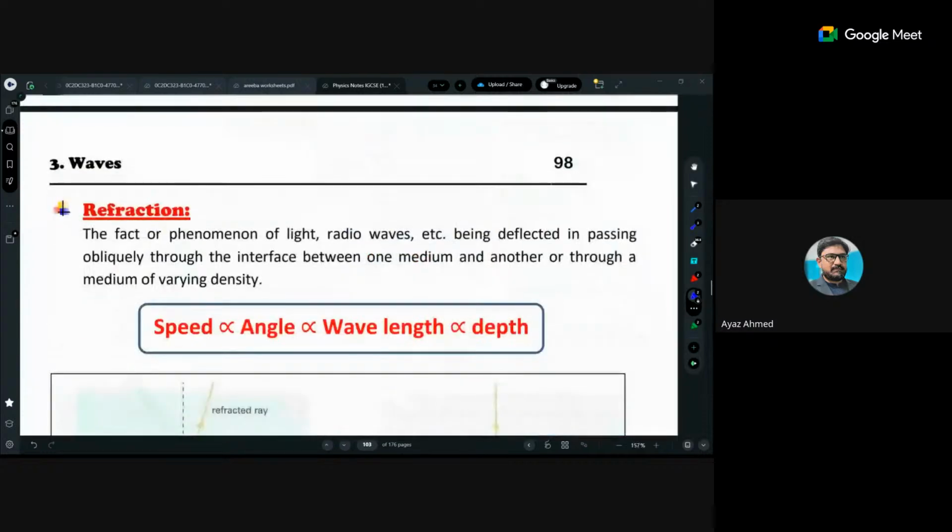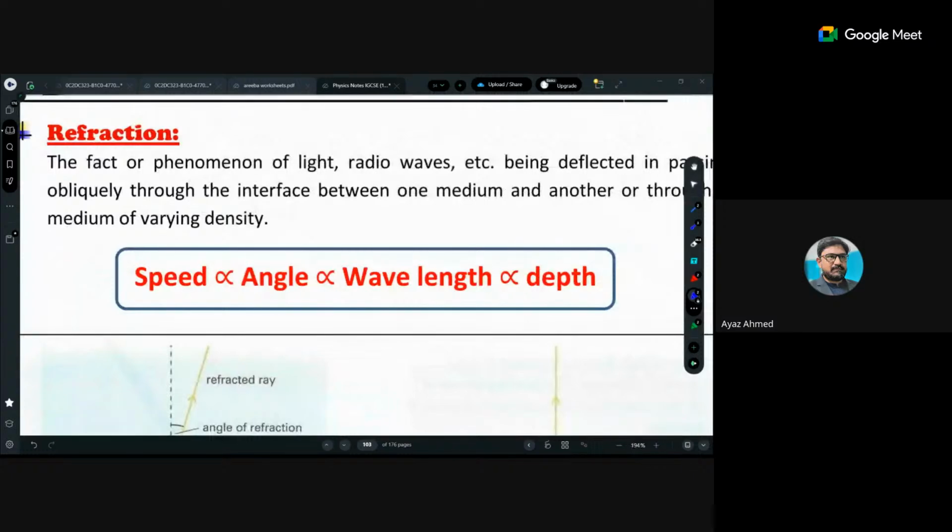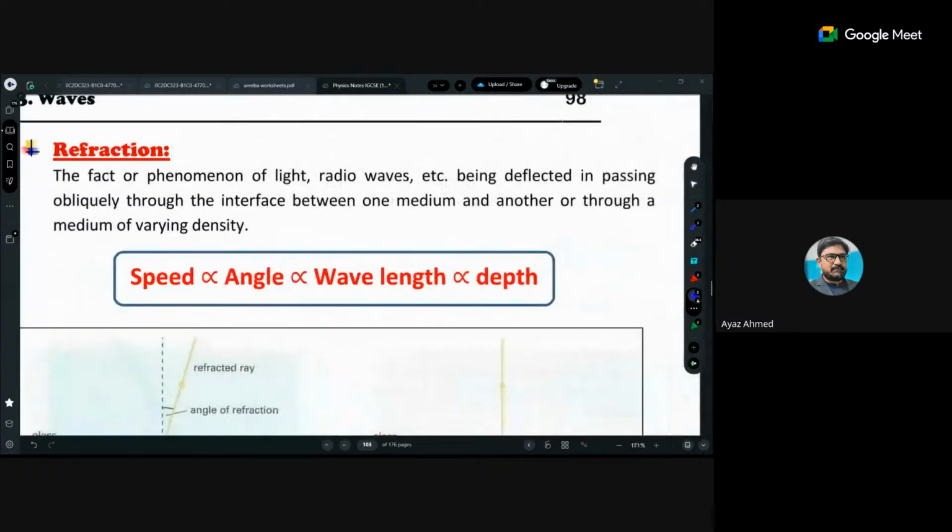Then fine. Actually, refraction is the bending of light, wave, sound, anything when it basically changes the medium. Right? When it changes the medium.